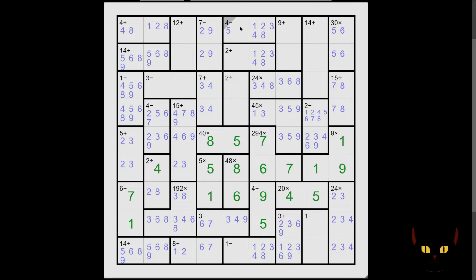Let's see, 1 goes to 5, 2 goes to 7? No, not 7. 8. Oh, not 8. 6. Yes. 6 minus 4 is 2. That's supposed to be 6. 3 goes to 7. 4 goes to 8. 8 goes to 4. If we remove the 8, is this 4 okay?